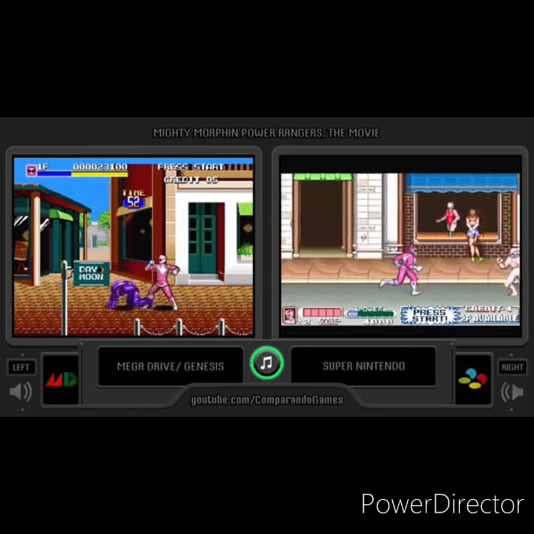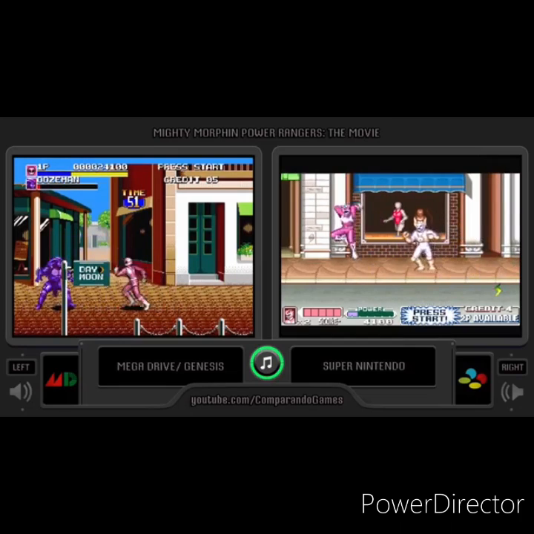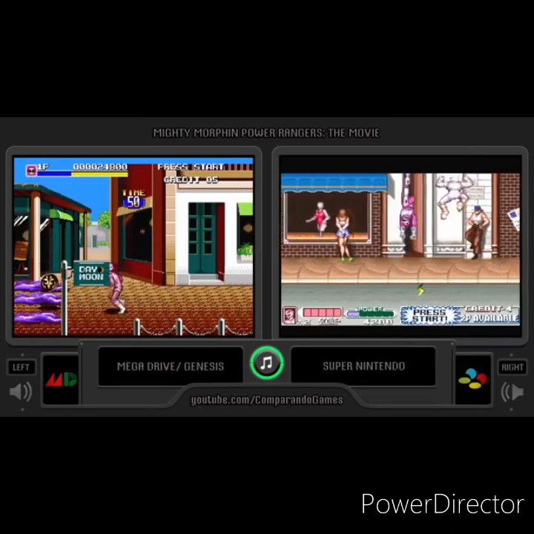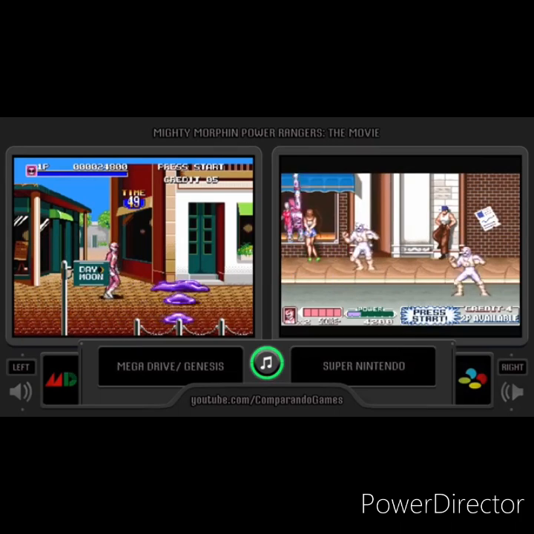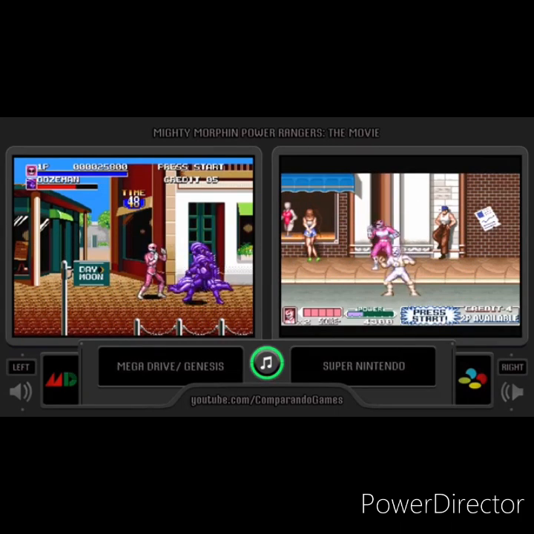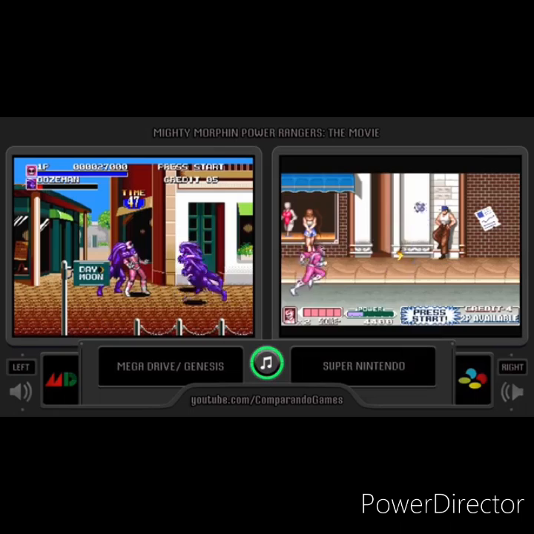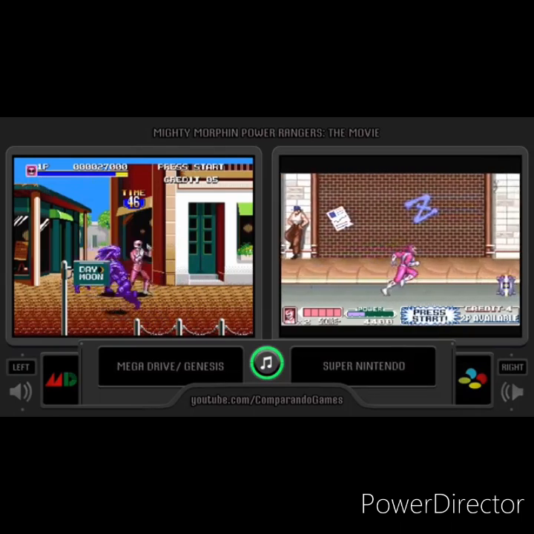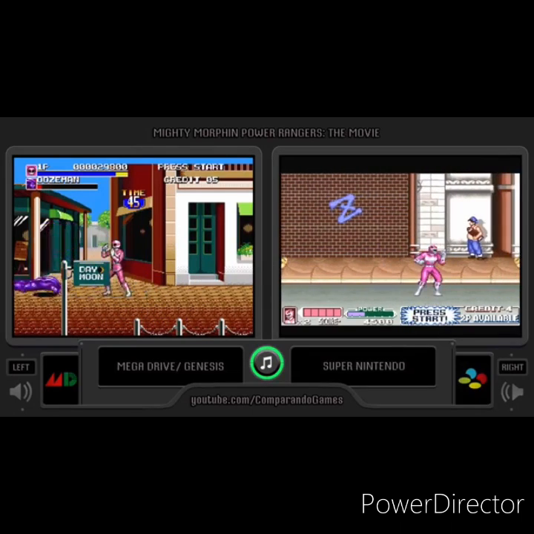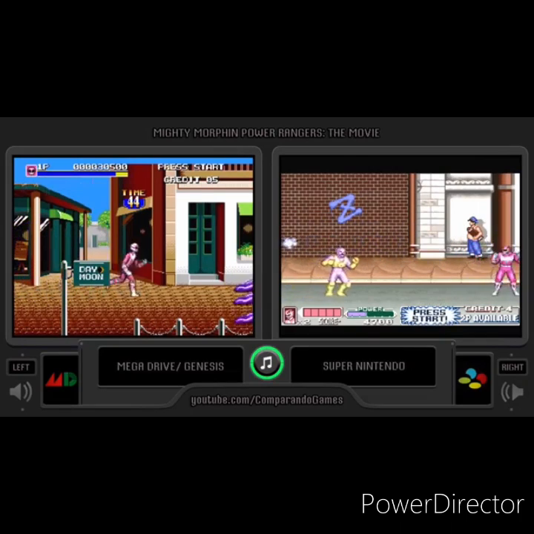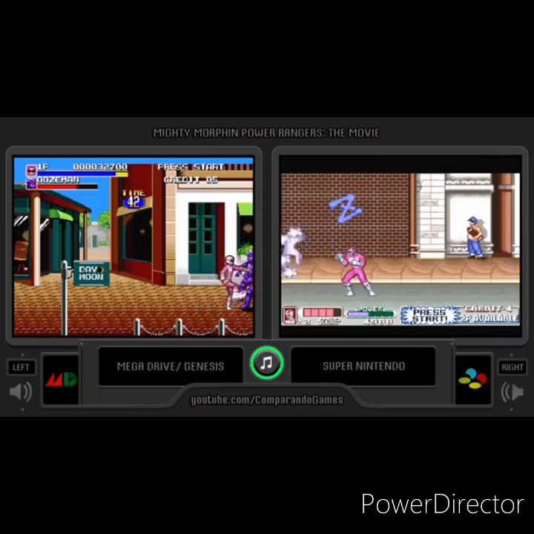And there's a reason why they're fighting Deuceman on the beginning of the game. As to on the Super Nintendo side, she's just fighting the Putty Patrol. That's kind of funny. Putties on bikes. That's a new one to me.